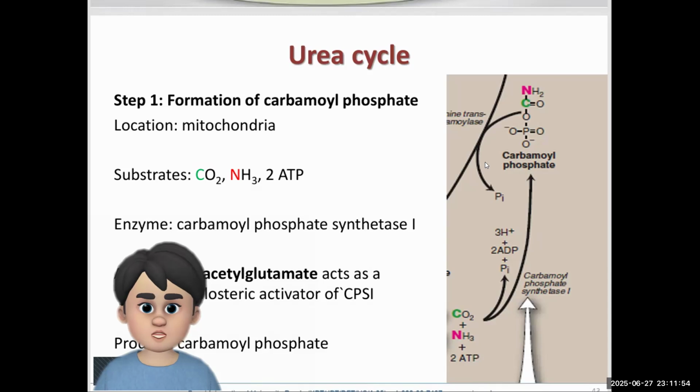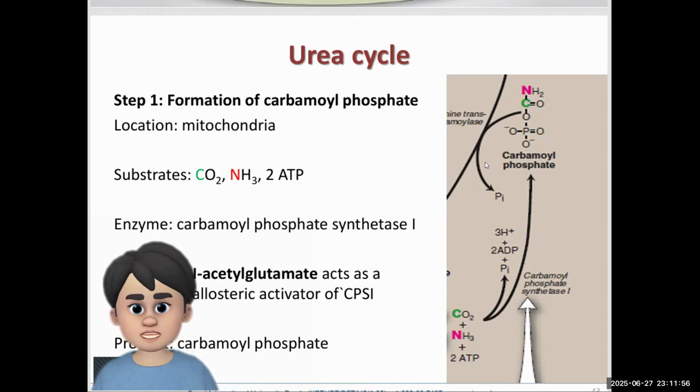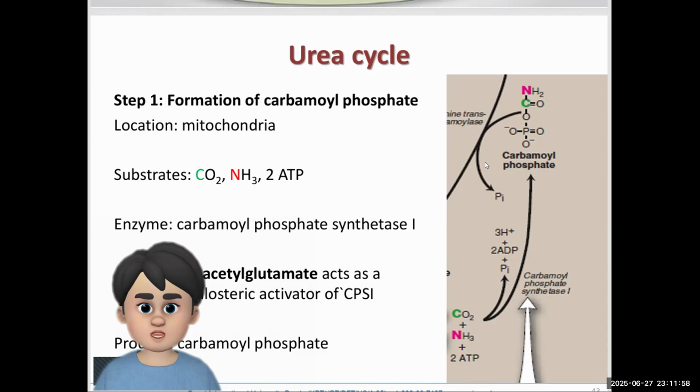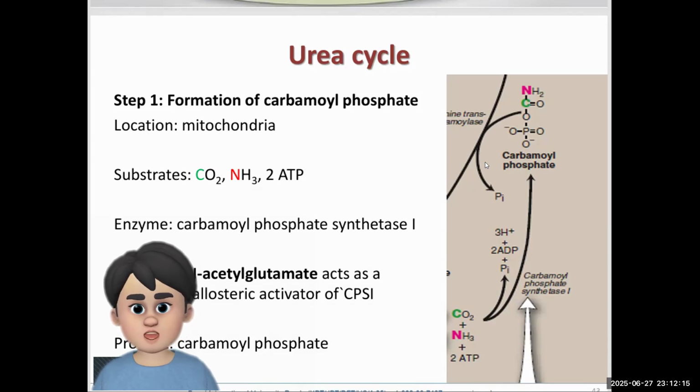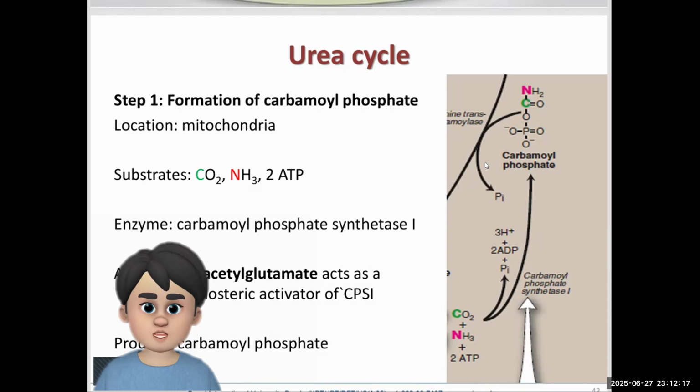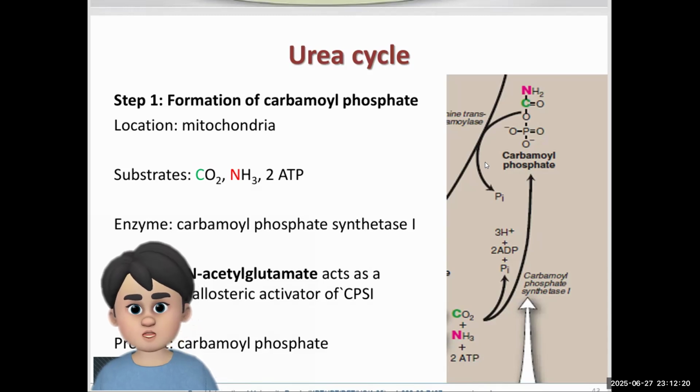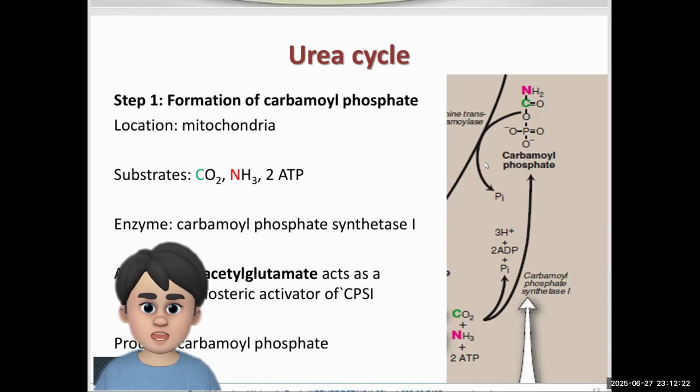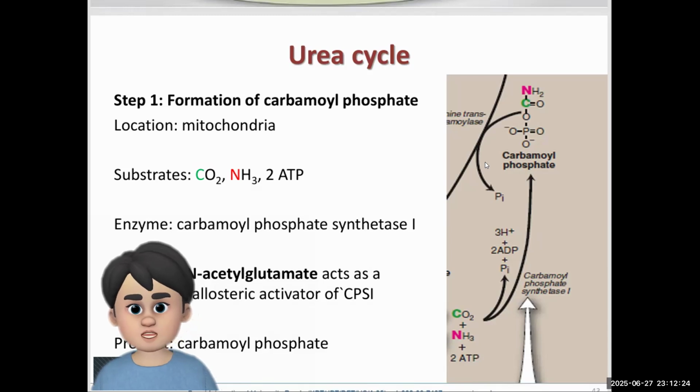We are not going to talk about the structure of the mitochondria, but it is better to have a little look at it to recall our knowledge. So, formation of carbamoyl phosphate: location mitochondria, substrates carbon dioxide, ammonia, and 2 ATP.